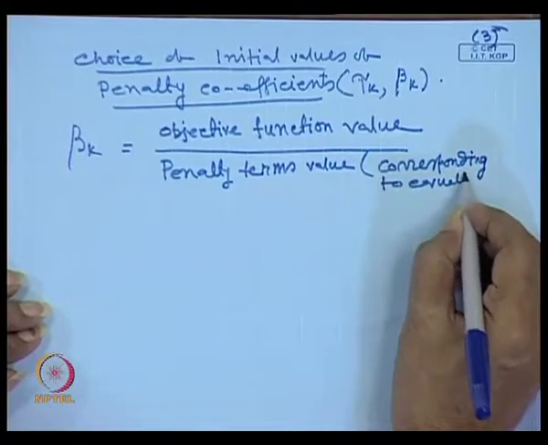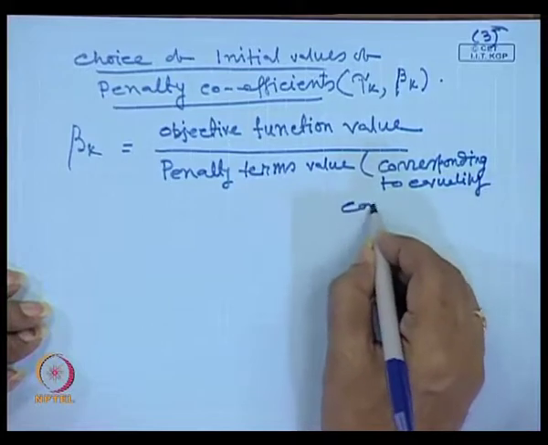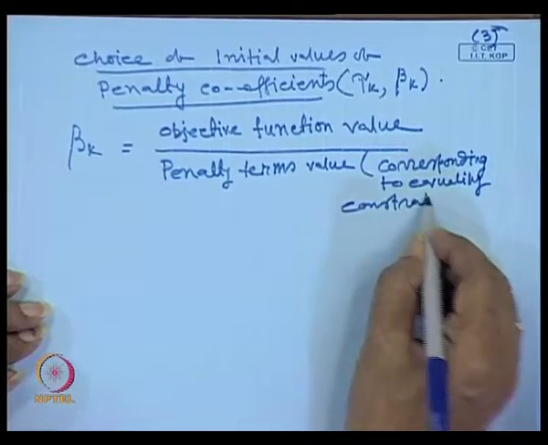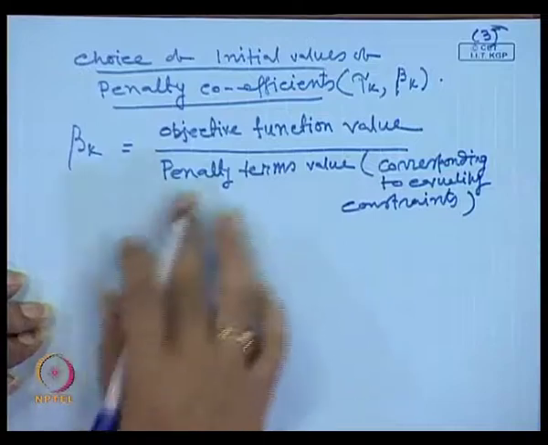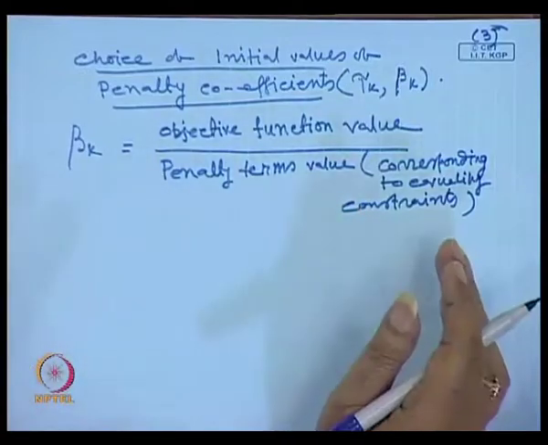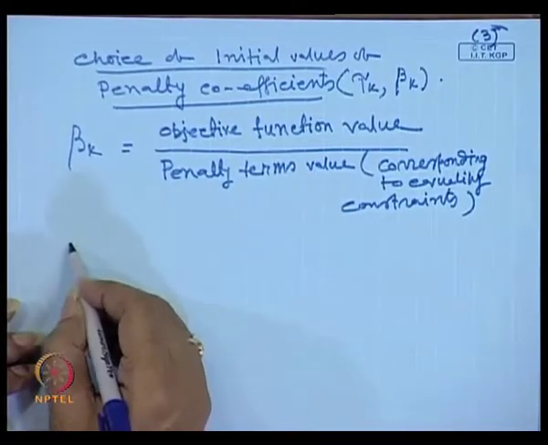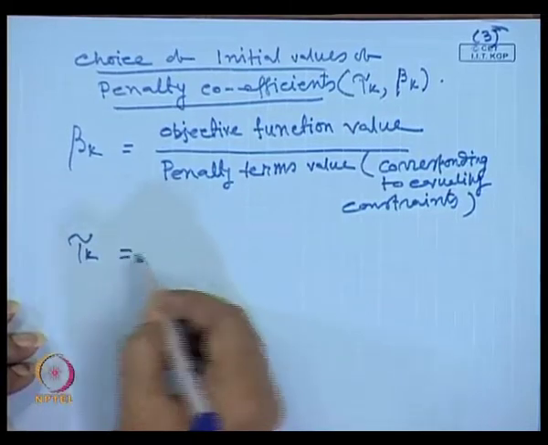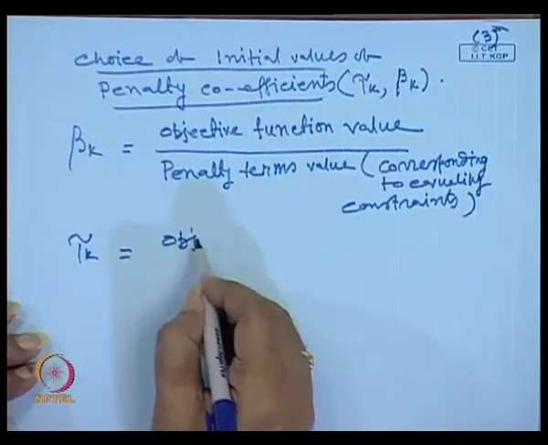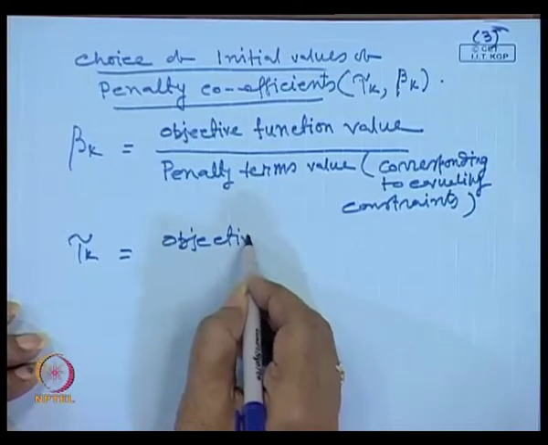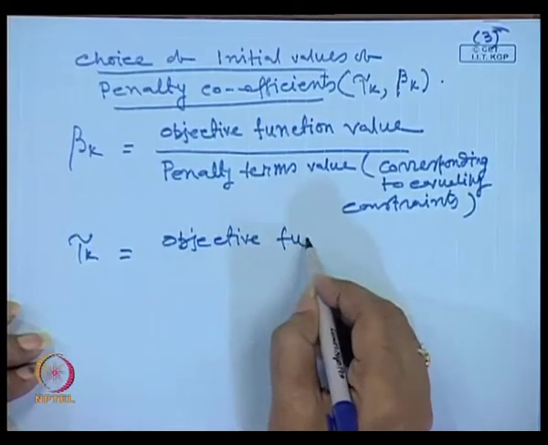When we take the necessary condition after forming the penalty function, del p with respect to x1, del p with respect to x2, and so on up to xn, we get n equations given by the gradient of the penalty function, which is a function of tau k and beta k, to be solved.